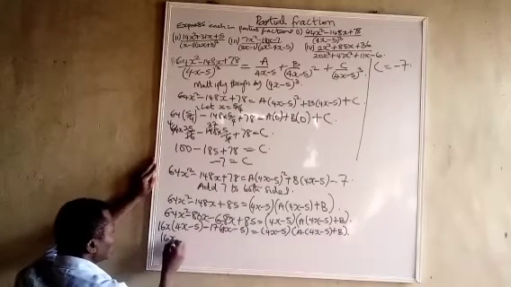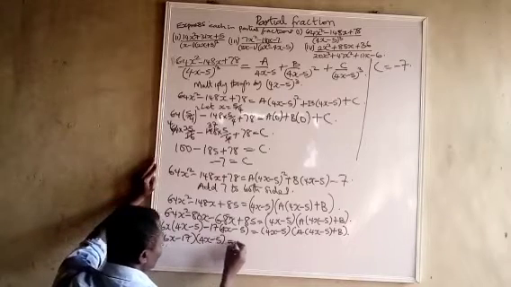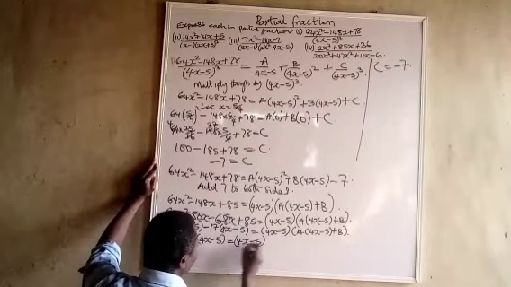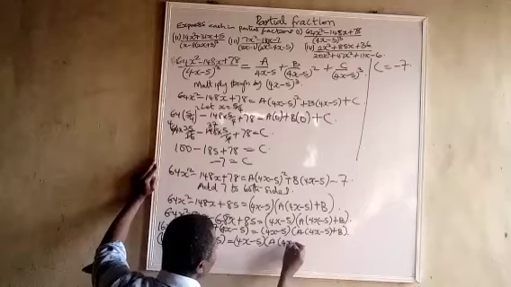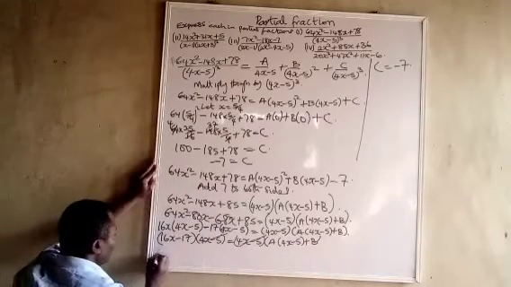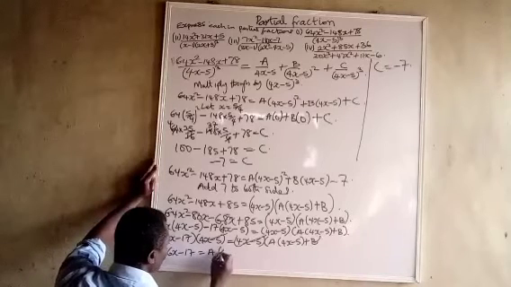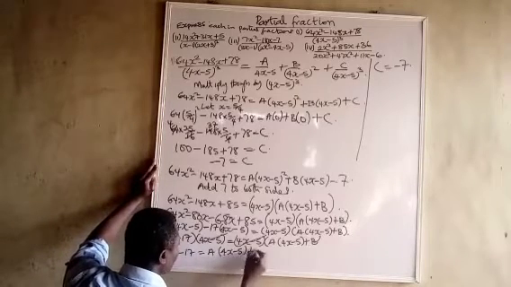Therefore, 16x minus 17 times 4x minus 5 equals 4x minus 5 into a into 4x minus 5 plus b. So this cancels this. Therefore, 16x minus 17 will be equal to a into 4x minus 5 plus b.